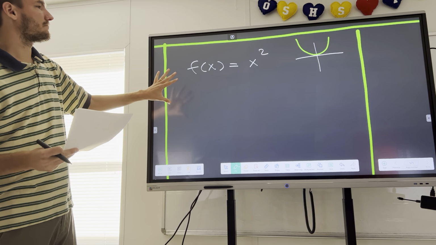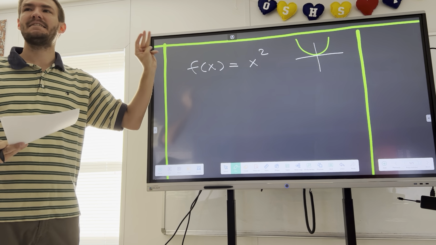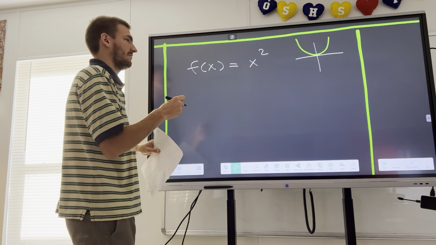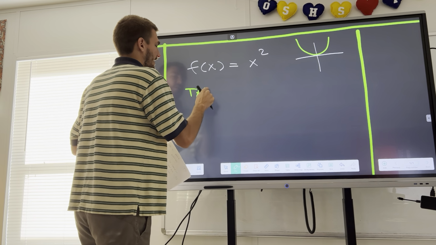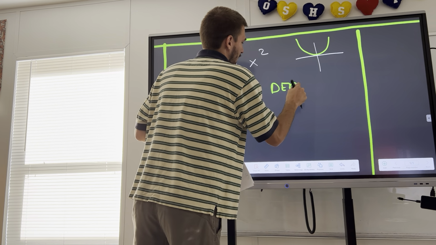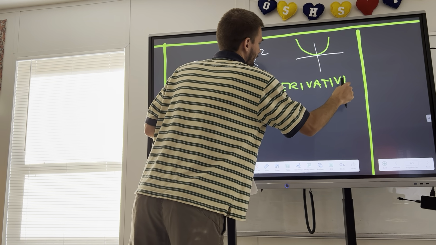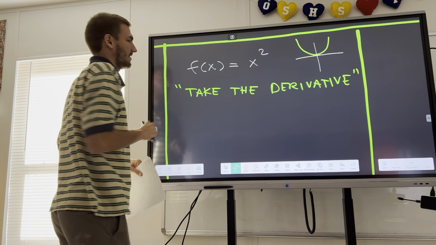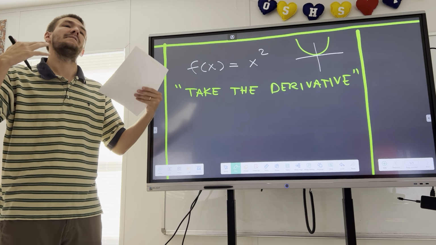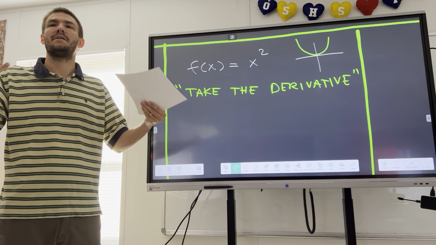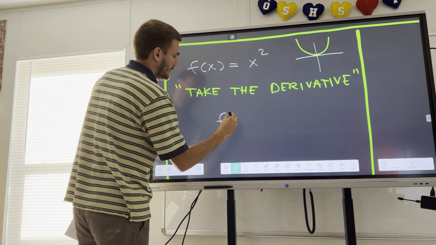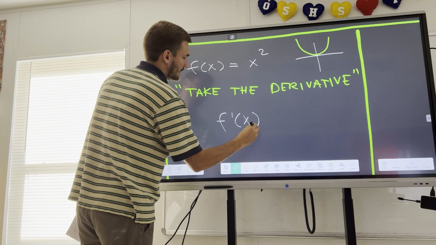And okay, if I want to find the instantaneous rate of change, that's when I'm going to bring in the derivative. Okay, so we're going to say take the derivative. So you might see a question that says take the derivative, or you might hear me say take the derivative, or of course people could say, what is the derivative? The derivative of this question is written like this.